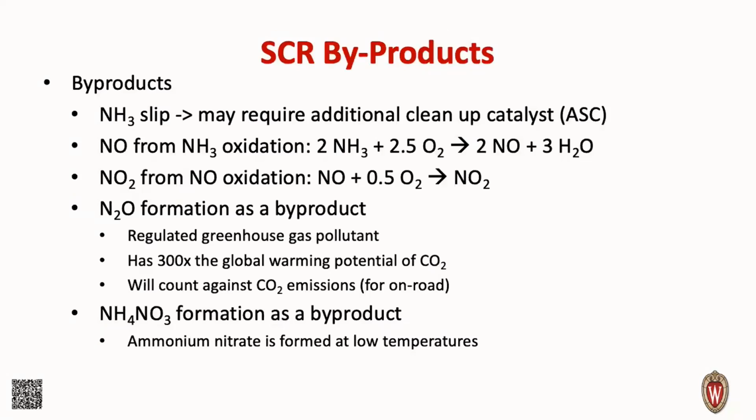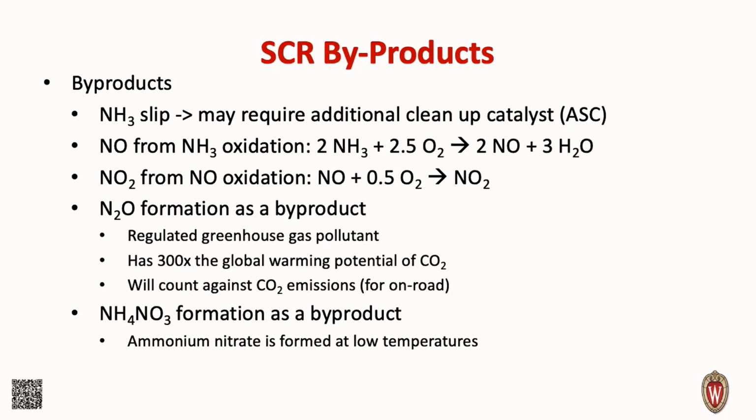The problem with SCR, though, is that you can have byproducts. We talked about the ammonia slip, which may require an additional catalyst, so yay, more things on the vehicle. In that ammonia slip catalyst, we might create more NO or NO2 from going backwards from ammonia, the wrong way. And when we're oxidizing that, we may also form N2O as a byproduct.